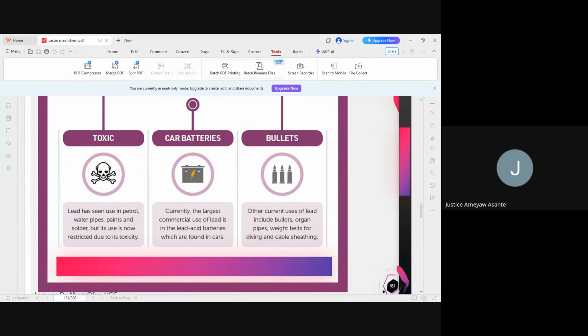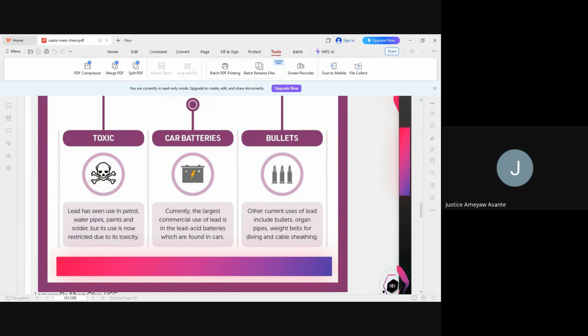Lead has been used in petrol, water pipes, paints, and solder, but its use is now restricted due to its toxicity. Currently, the largest commercial use of lead is in lead acid batteries, which are found in cars. So initially, we were using it in petrol. We were using it to transport water in lead pipes, in lead paints and solder.